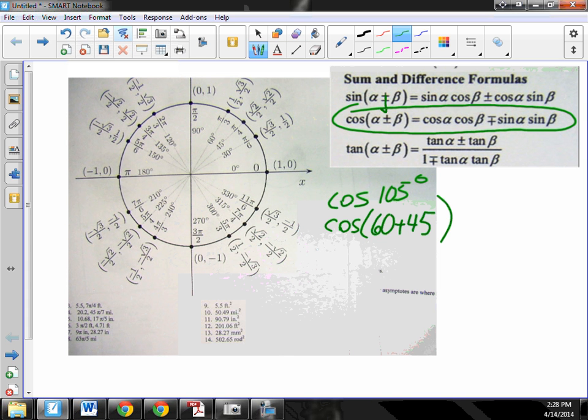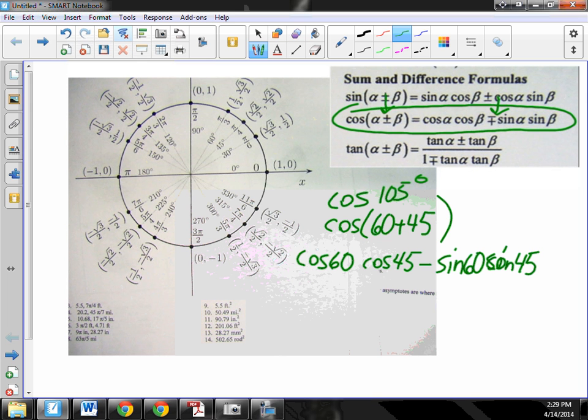So the sum is on top, and it says we use a negative when we fill out the formula. And notice the sine formula is sine cosine plus cosine sine. The cosine formula is cosine cosine and then sine sine. Okay? So the pattern changes when you switch from cosine to sine. All right. Cosine of 60, cosine of 45 minus sine of 60, sine of 45. Everybody understand that?